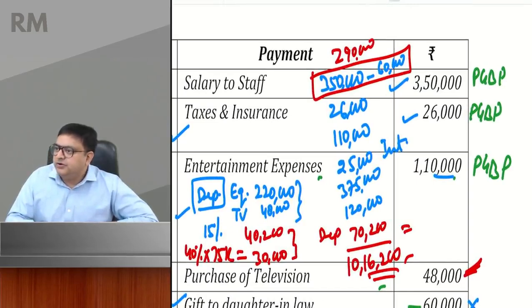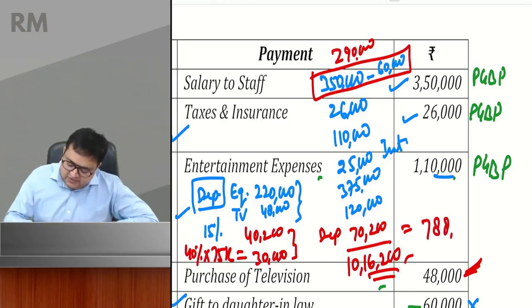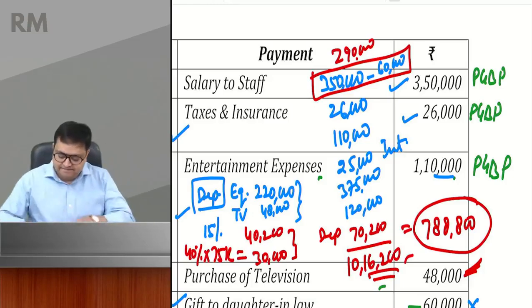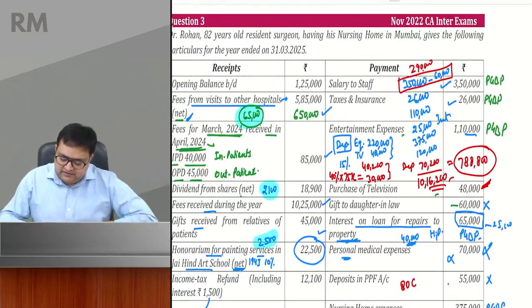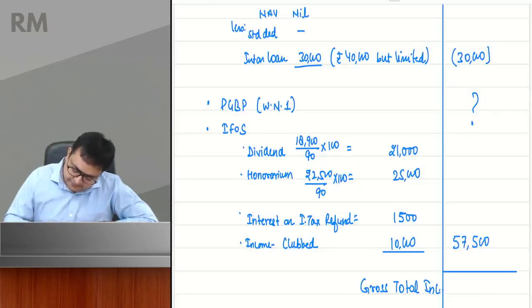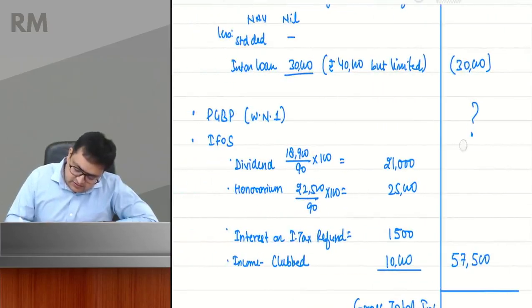You told me, how much you told me? 7,88,800. Correct. Very good. So let us keep 7,88,800 as my PGBP. Everybody done, I believe.